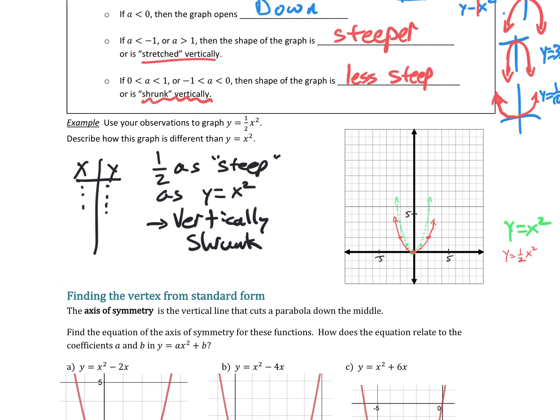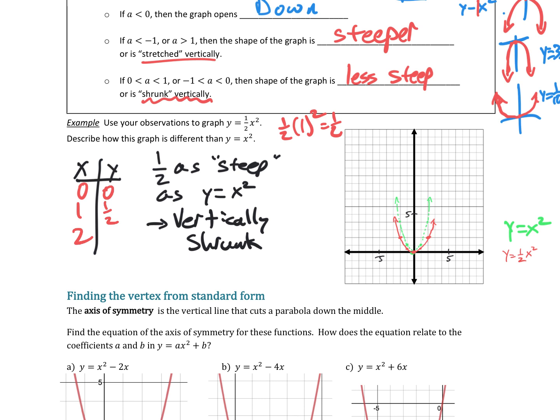Now again, we can always crank out points. So don't forget, you can go to your table of values and plug in 0: 1/2 times 0 squared is 0. Plug in 1: 1/2 times 1 squared gives us a half.